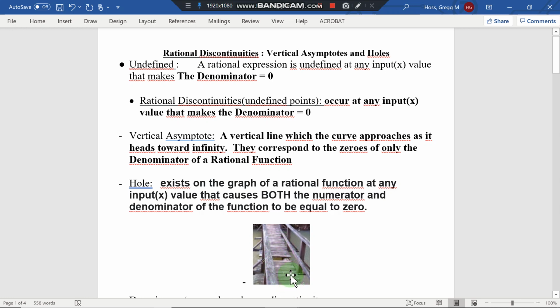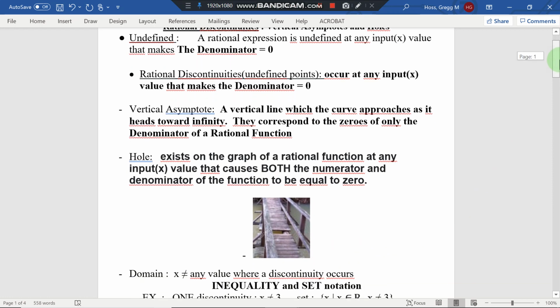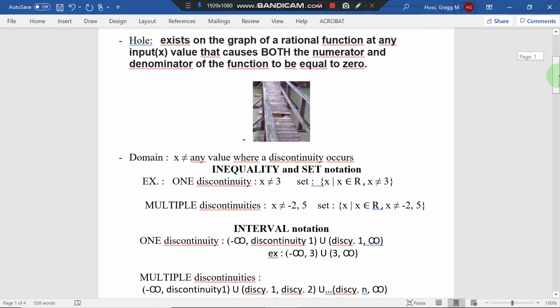If you consider the bridge as a curve or a line, you can go along that line until you get to the hole, and then you simply jump over it and keep going. So it's just a discontinuity in the graph. It is infinitesimally small since it occurs at only one point. One hole occurs at one point. There's a visual representation.